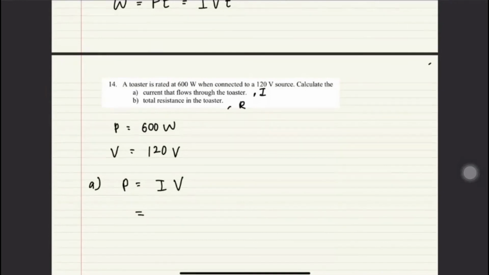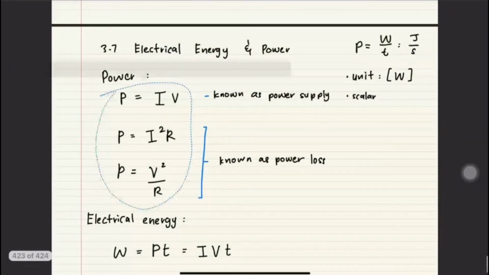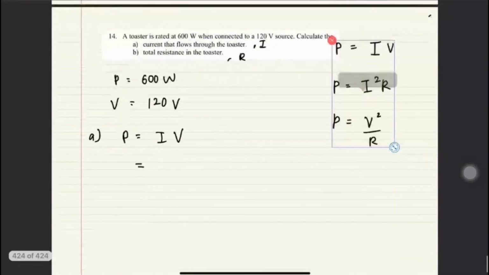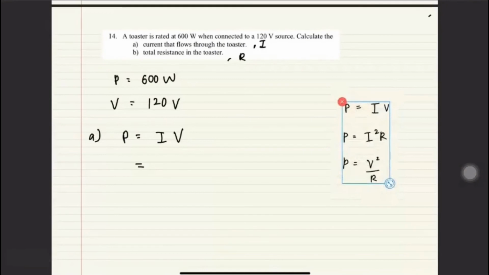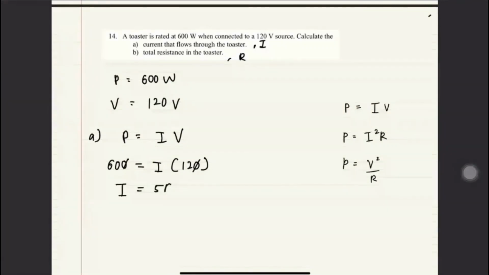Okay, saya ambil copy lah formula. So this formula, these are the formulas. So you can see that 600 is equals to I 120. So I is equals to 5 ampere. Okay.